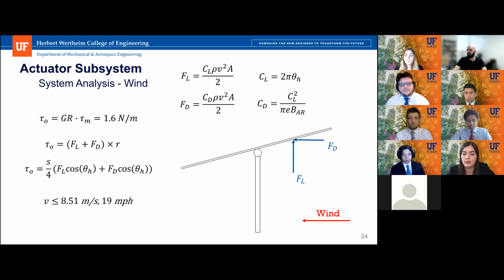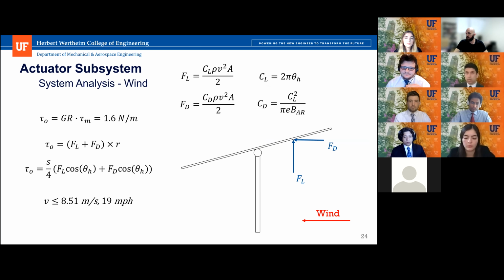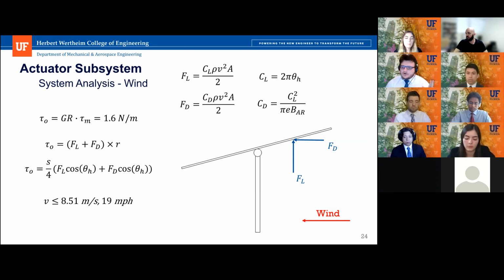One of the biggest things in this design, the largest portion of any kind of stress analysis, is what the wind does to our design, because we essentially have a large object catching a ton of wind and acting on our small components. At the moment the reflector acts similar to an airfoil. We found that the point at which maximum force acts on the airfoil that is the reflector is about a 10-degree incline, and it acts at about one quarter of the chord length, or about one eighth of a meter away.